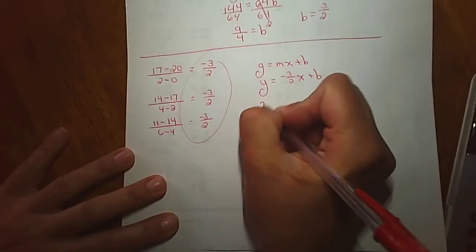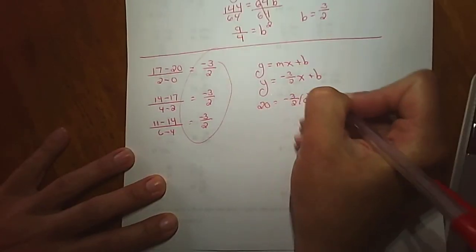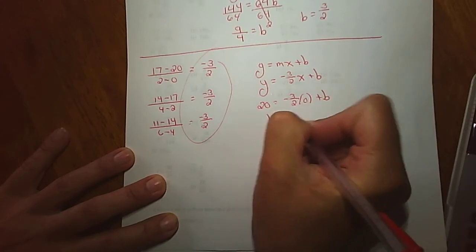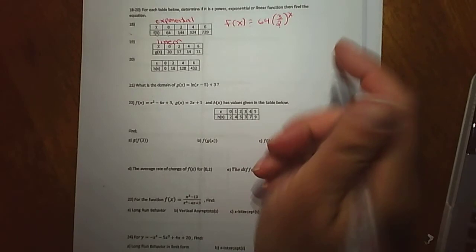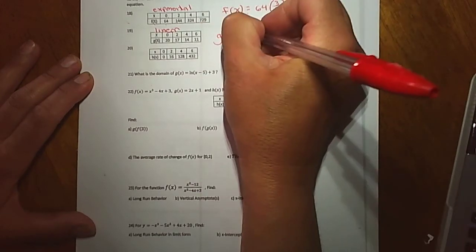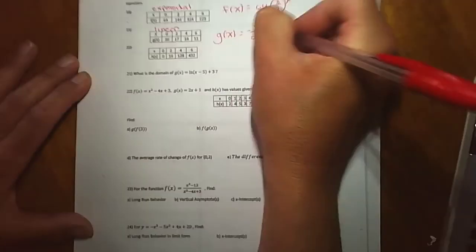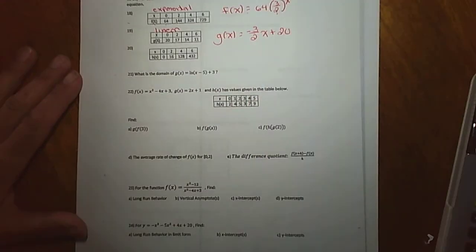So 20 equals negative 3 over 2 times 0 plus b, so b equals 20. So when I go to write my formula here, we've got g of x. G of x is equal to negative 3 over 2 x plus 20.